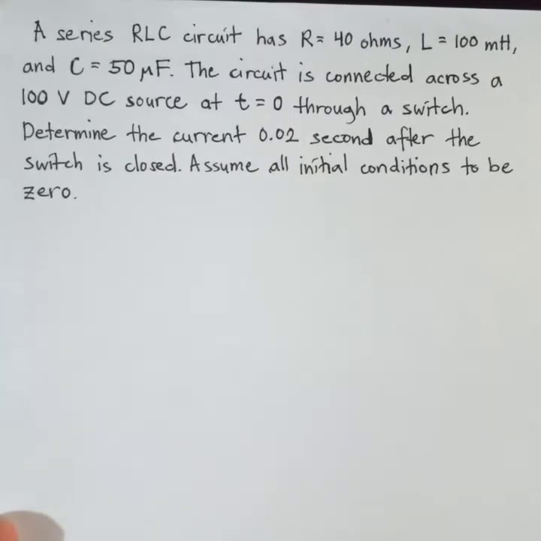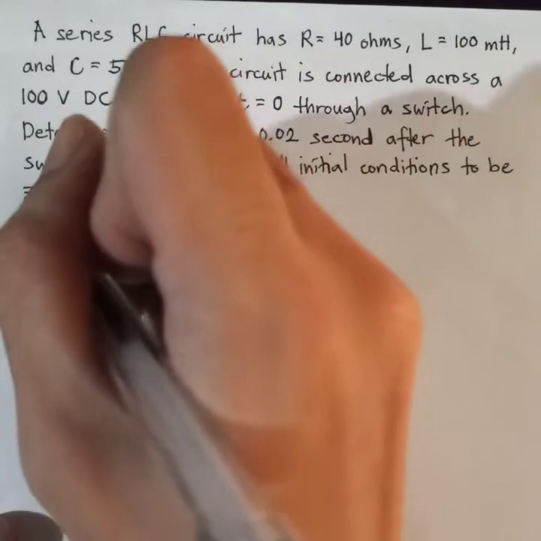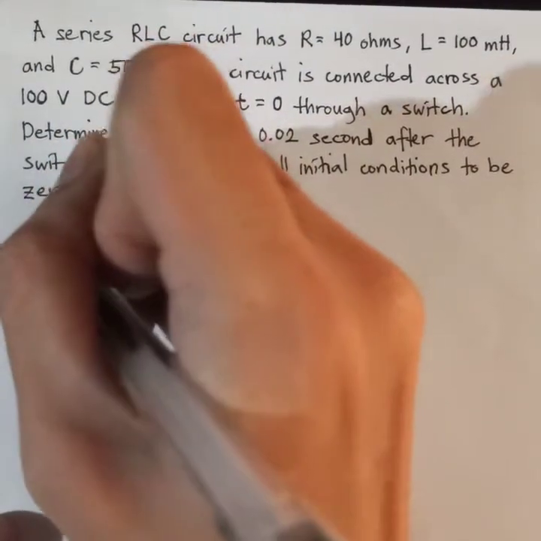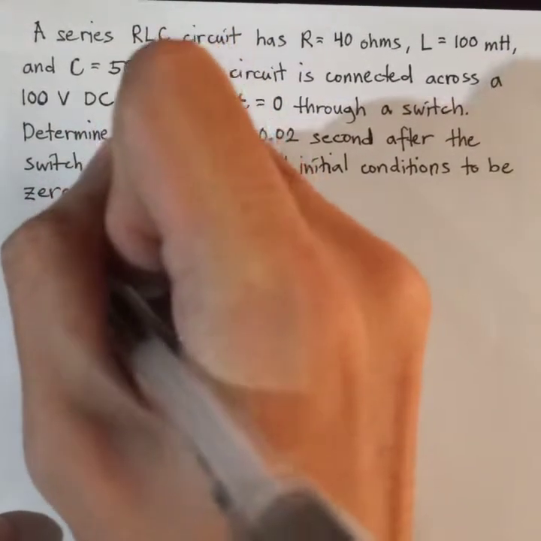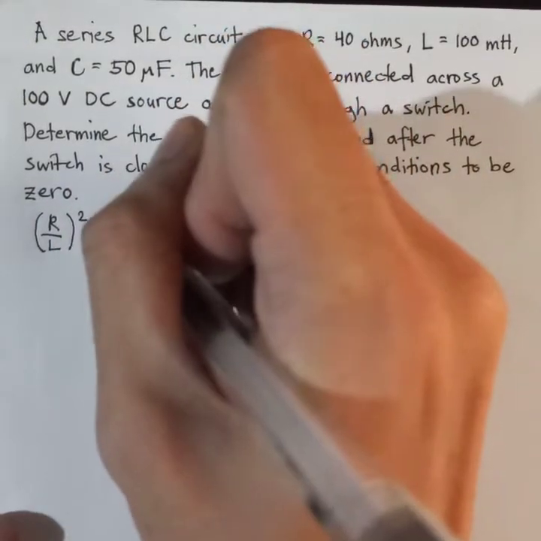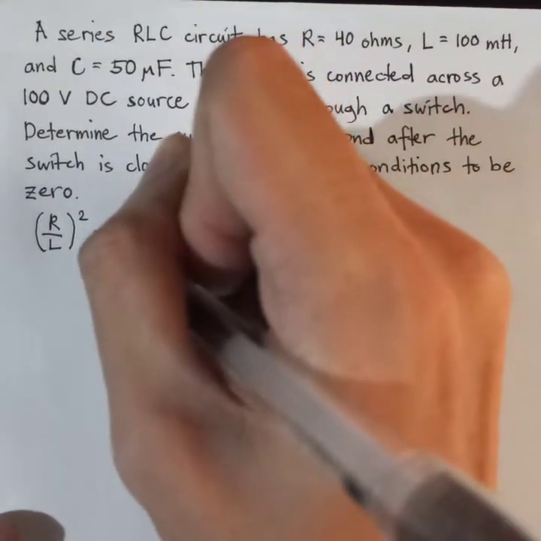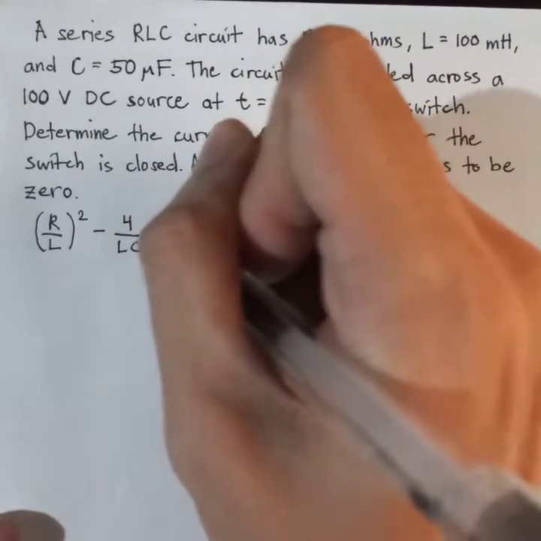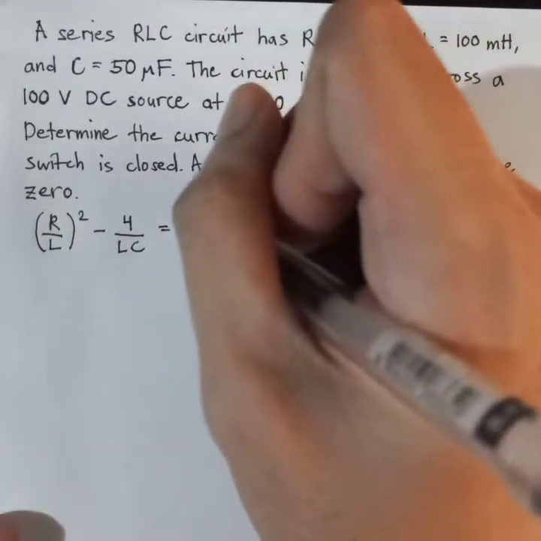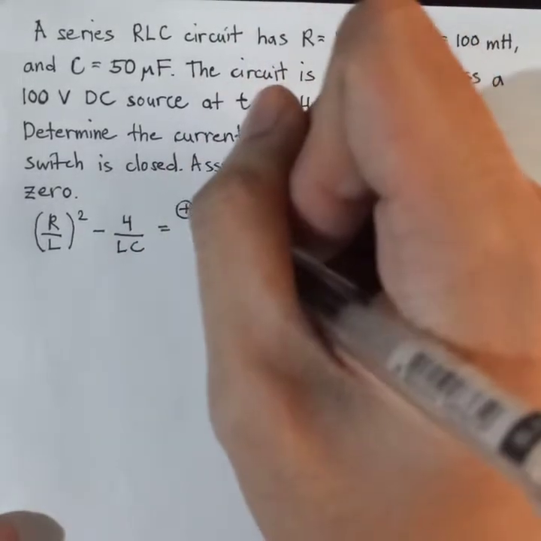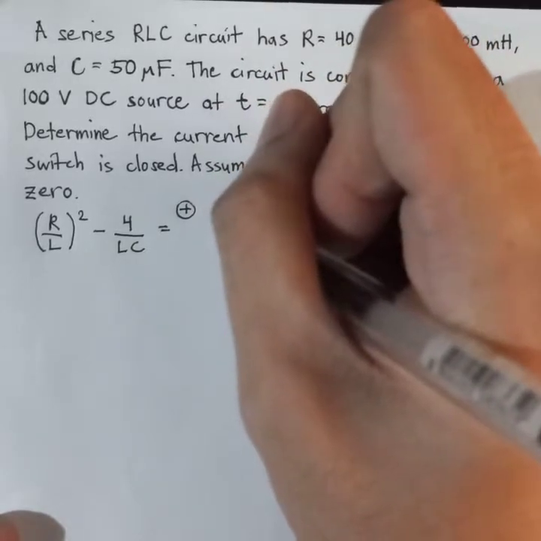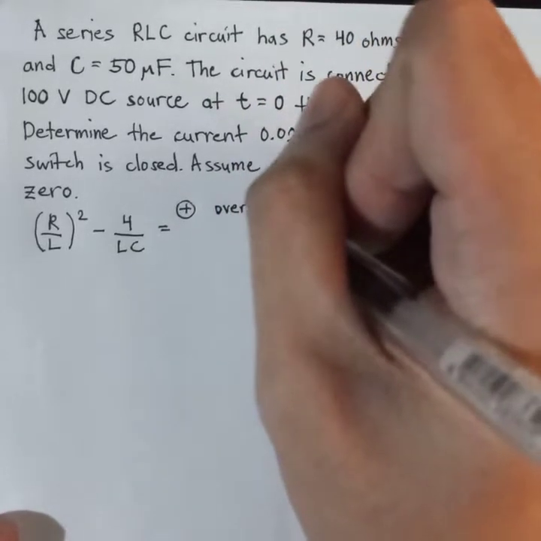So the very first step in solving an RLC circuit is to determine which category it falls on. So remember the formula: (R over L) squared minus 4 over LC. If that is positive, that is overdamped.